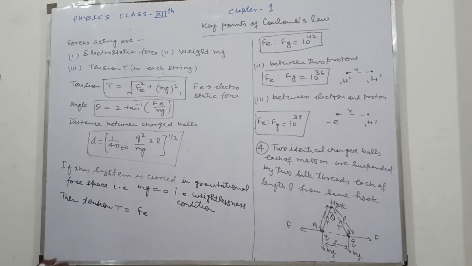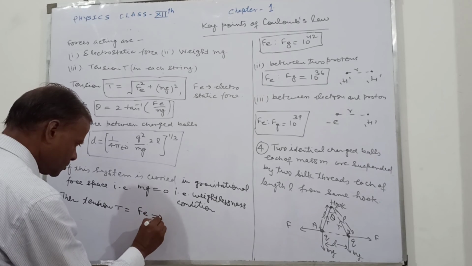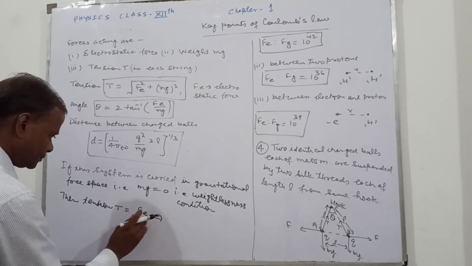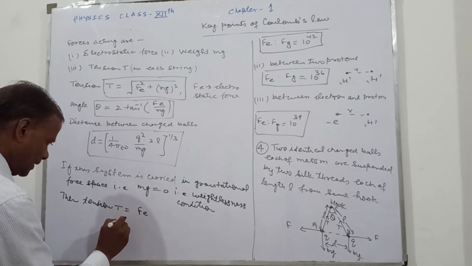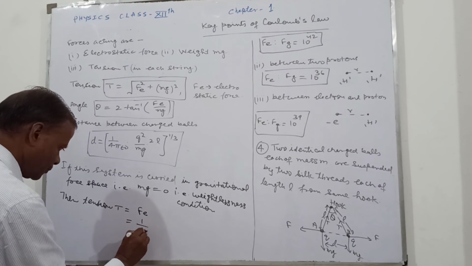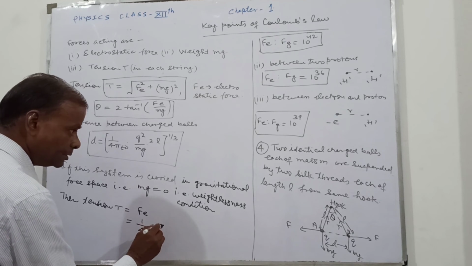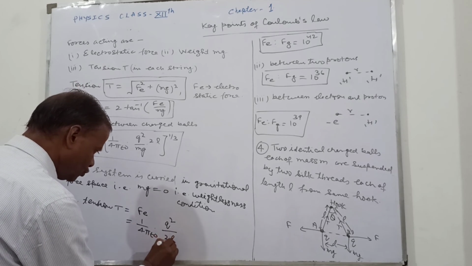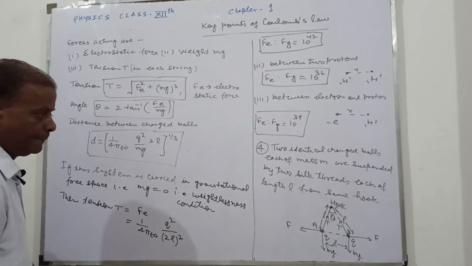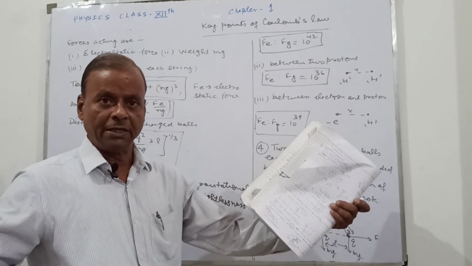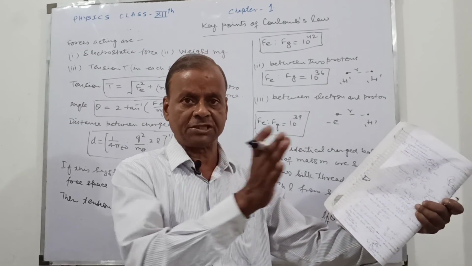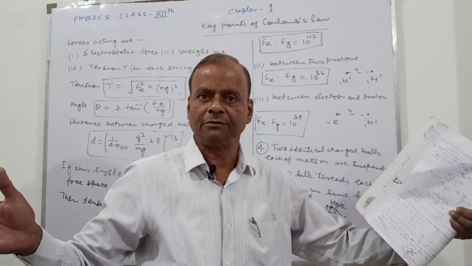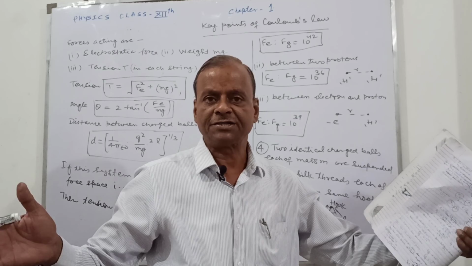So Fe will be equal to how much? This T is equal to 1 upon 4 pi epsilon naught into Q square upon 2L whole square, because now they will be at an angle of 180 degrees. So this is distance L, this is distance L, then the total distance is 2L. So both the charges will be at a distance of 2L.